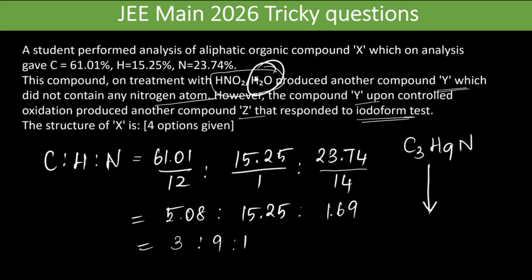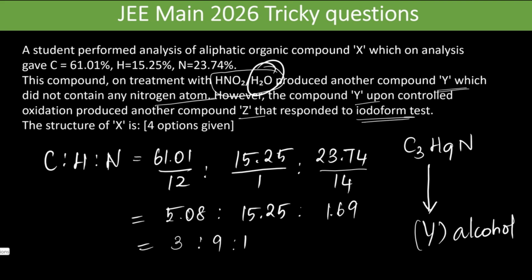After forming this diazonium salt, it will not be stable because there is no benzene ring in it. After undergoing diazotization, it immediately forms an alcohol. That is my Y, alcohol, which didn't contain nitrogen. However, Y upon controlled oxidation produces another compound Z. So Z responds positive to the iodoform test, which means there is a methyl group present.